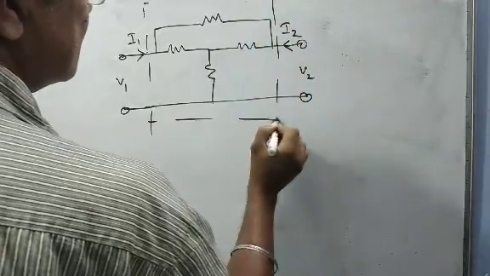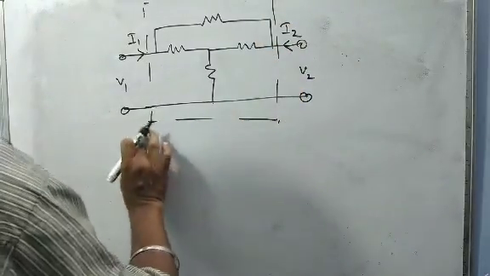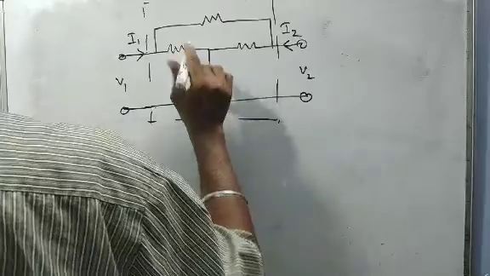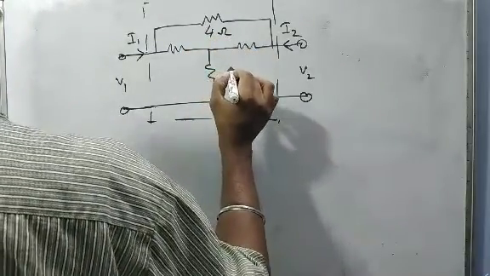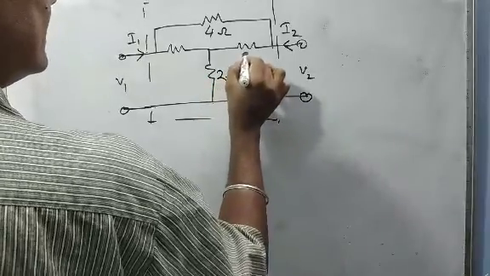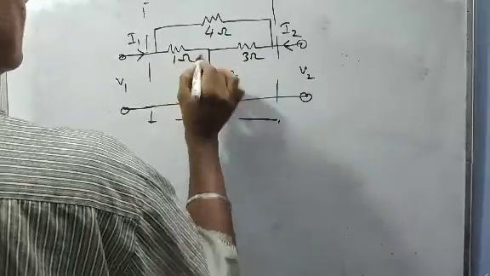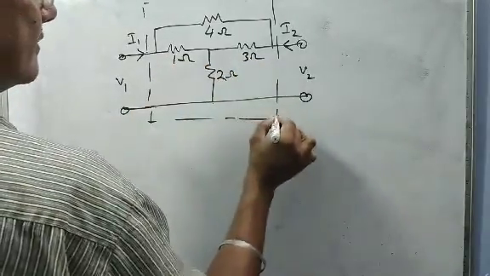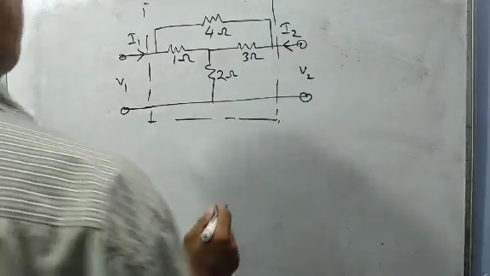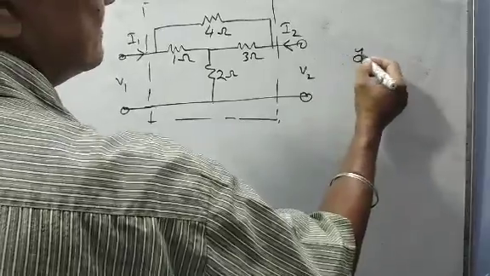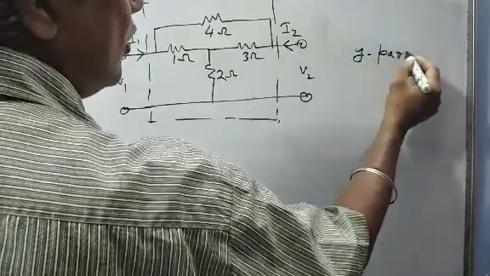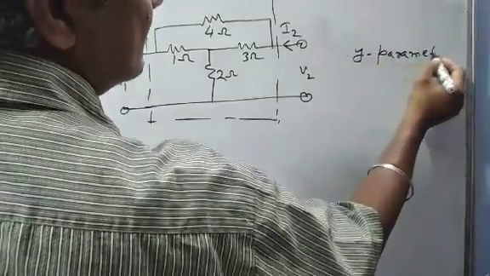Here something is there, and that something has also been told: 4 ohms, 2 ohms, 3 ohms, 1 ohm, 2 ohms, 3 ohms, and 1 ohm. You have been asked to find the Y parameters of the network.